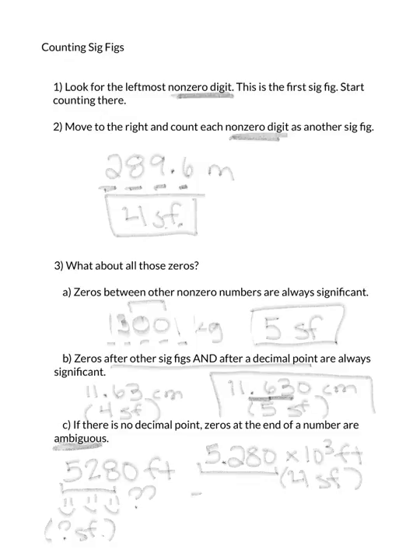But maybe another person who used a different tool says 5.2800 times 10 to the 3rd feet. This one now has 1, 2, 3, 4, 5 sig figs. Totally different number, and we have to treat them differently. So again, you pay attention to the zeros at the end of a number. You say, hey, can you rewrite that for me in scientific notation so that I can tell exactly what's going on?